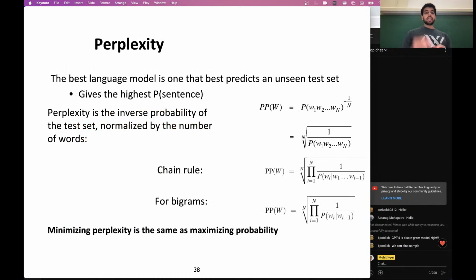However, the metric that we actually use is called perplexity, which is just a function of the probability of the held out sentence. The equation for perplexity is basically just exponentiating the negative log likelihood per token of the test corpus.